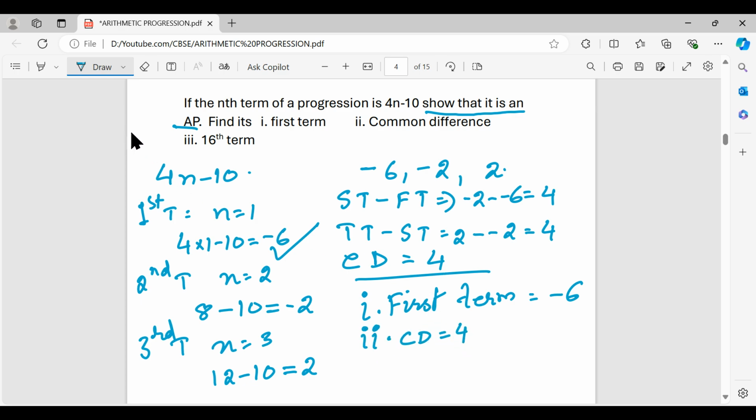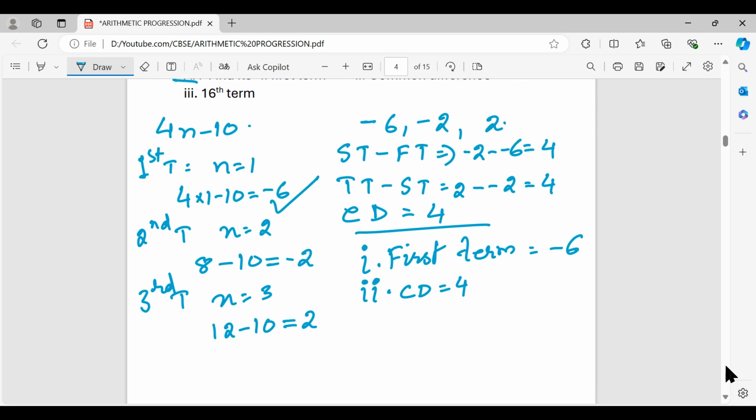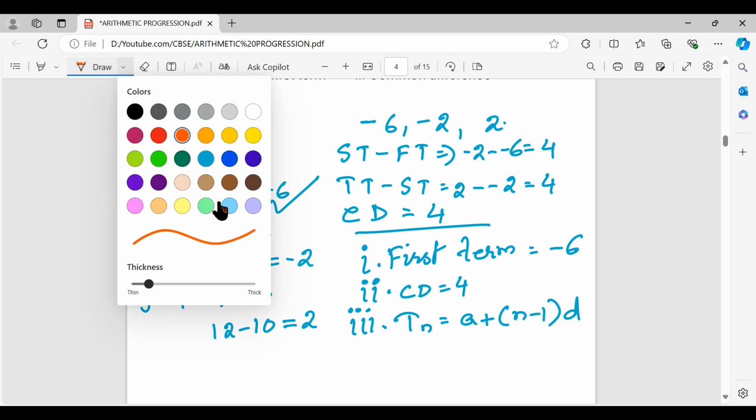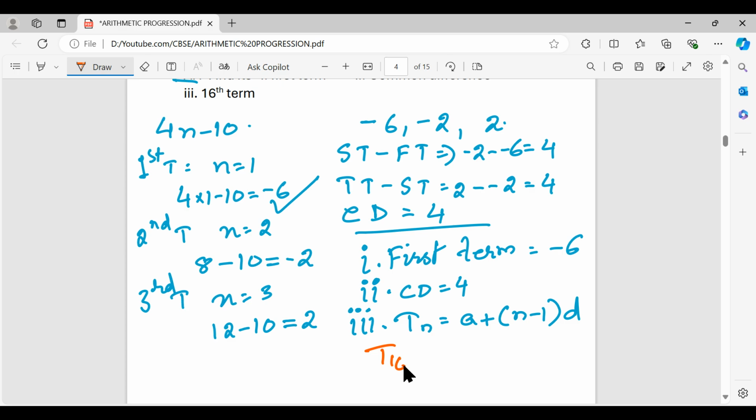And the third part of the question is to find the 16th term. To find the 16th term, we have the rule Tn equals a plus n minus 1 times d. So you have to find T16. So n becomes 16.